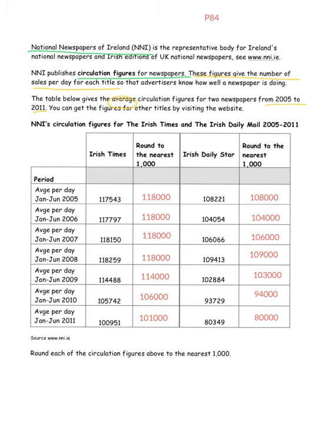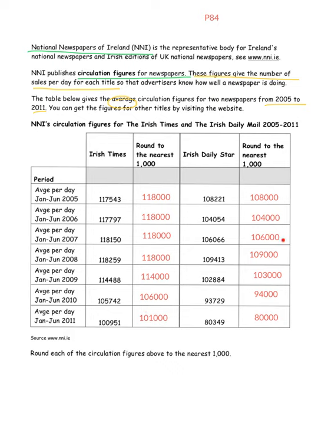Okay, so let's start with page 84. We have a table, we need to fill in some figures in here, and then looking at it we need to draw a bar chart. First of all, this is about national newspapers of Ireland and NI, and they publish circulation figures for newspapers. These numbers give us the number of sales per day for each title, and then advertisers know how well a newspaper is doing.